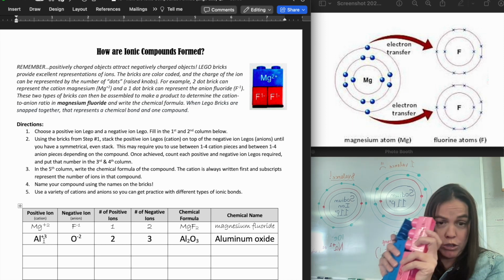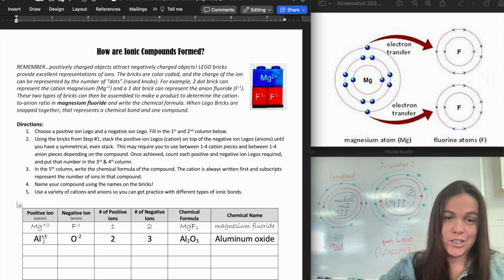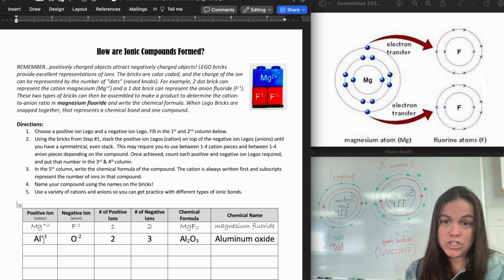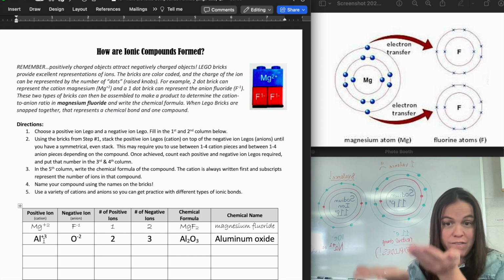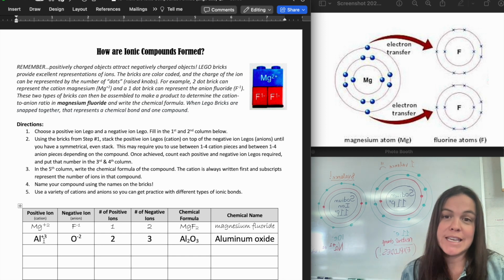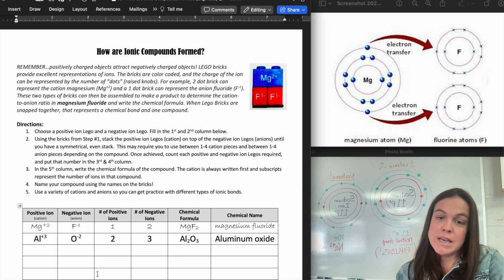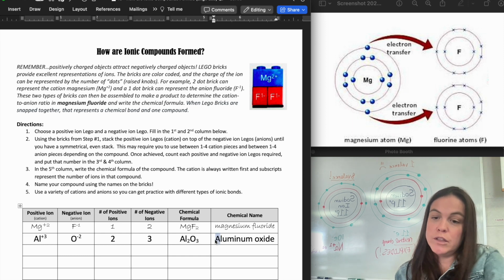There needs to be 2 aluminums for every 3 oxygens. And the reason is because aluminum is donating its electrons to oxygen. We just need to make sure we have the correct number of oxygens to cancel out the correct aluminums. So this makes the compound called aluminum oxide.